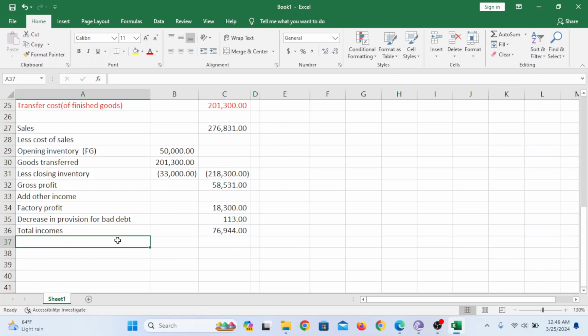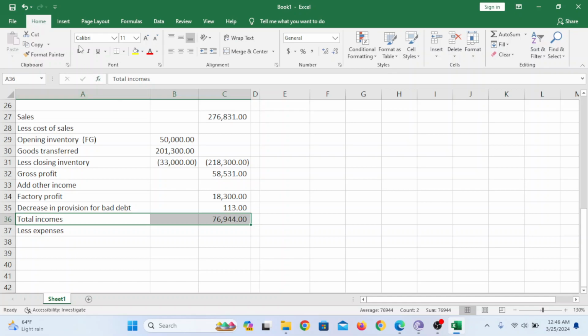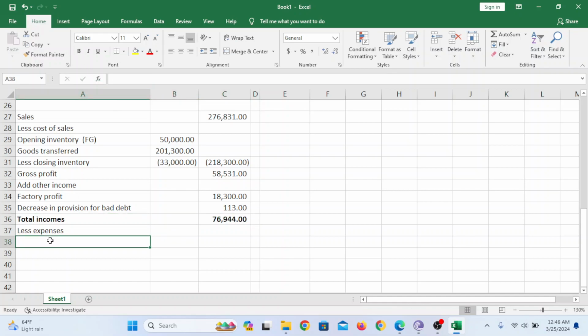So less expenses. So we need to just begin on the expenses. We pick all expenses that we have not included in the production. Because once you have that, then automatically we will have our right value of expense.